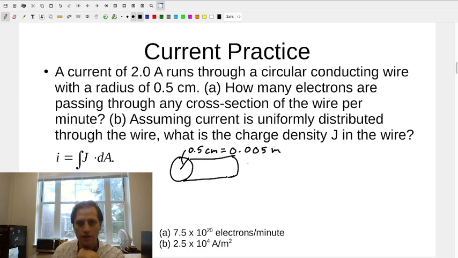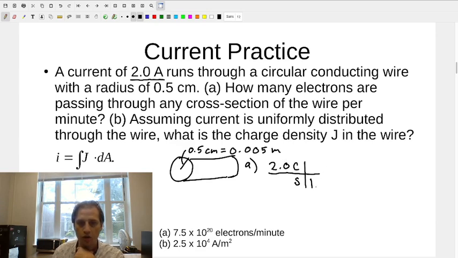So this is actually just a unit conversion problem. If I've got a current of 2 amps, well, an amp is just another way of saying a coulomb per second. Coulomb is units of charge, seconds are units of time. If we want to find out how many electrons are passing through any cross-section per minute, well, we have to convert coulombs to elementary charges.